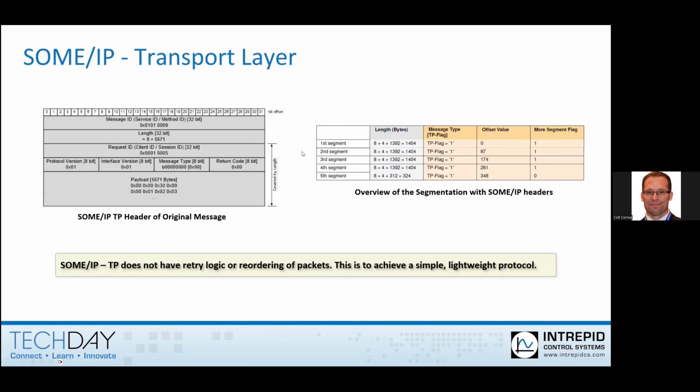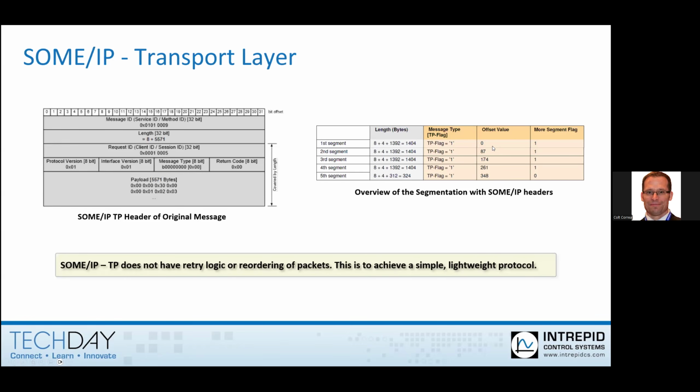So in this particular example, let's say that we want to send more than 1,400 bytes with some IP transport layer. This is an example of 5,571 bytes, and in order for this to happen, we would send out 5 different segments, all of them with the transport layer flag on. This is that bit 2 that I mentioned already.